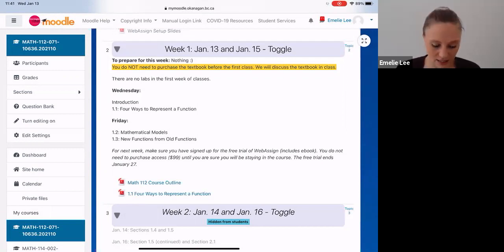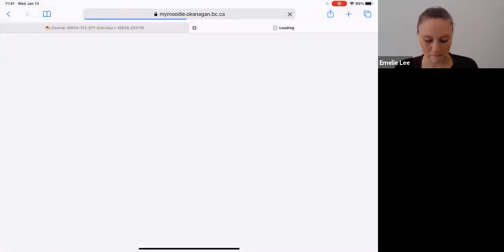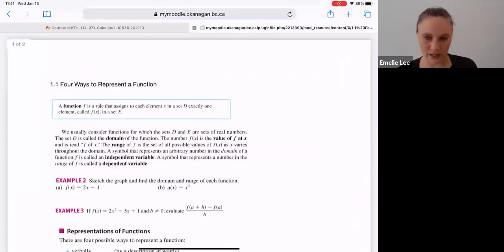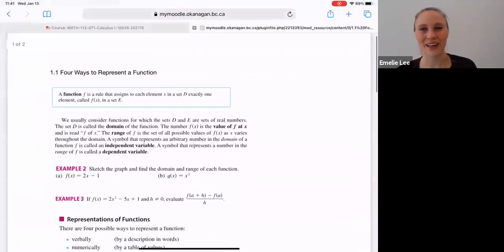I also posted this 1.1, 4 ways to represent a function. These are the notes, because the textbook of course goes into way more detail, but here are the things that I want us to take out of this section. I've put together everything that you'll need. If there are more things you want to reference, you'll have the ebook through the WebAssign access.